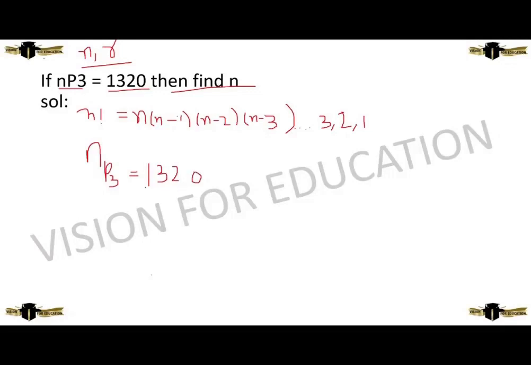We are going to split 1320: 132 into 10 is 1320. Now 132 can be written as 12 into 11. Carry forward 10 as it is. This is equal to nP3.